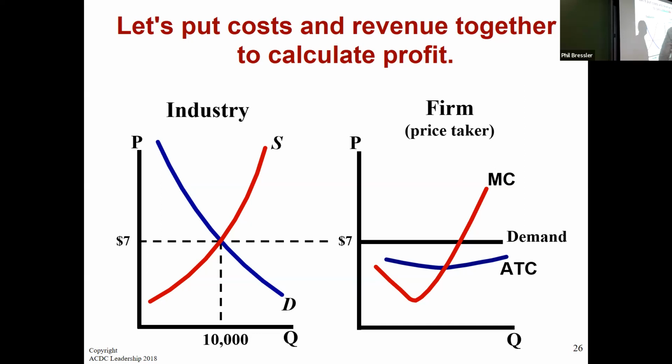Now, who could tell me how I would find on this graph the quantity this firm should produce? Would you go to where your marginal cost and demand intersect?